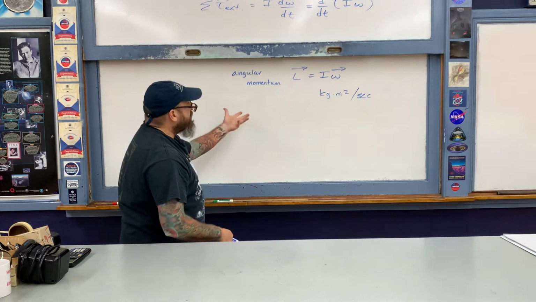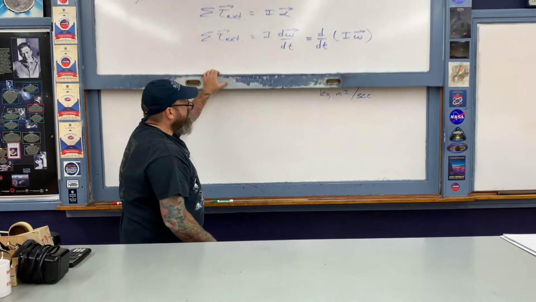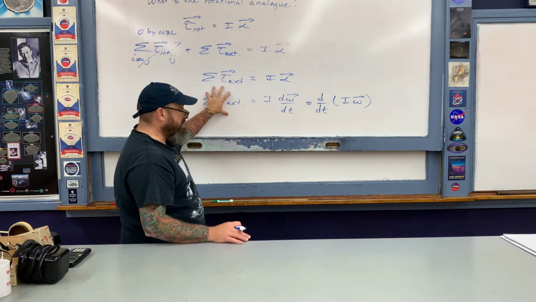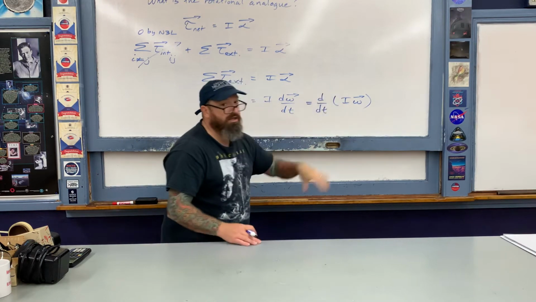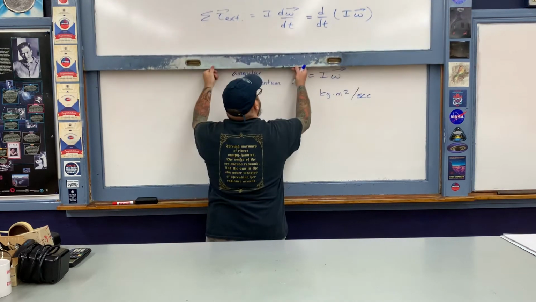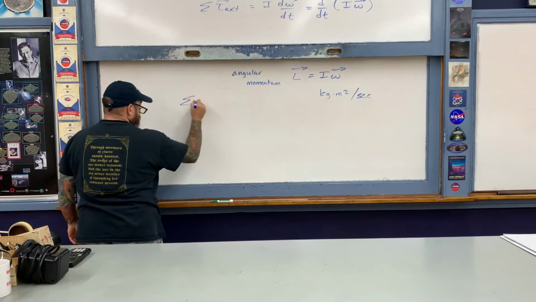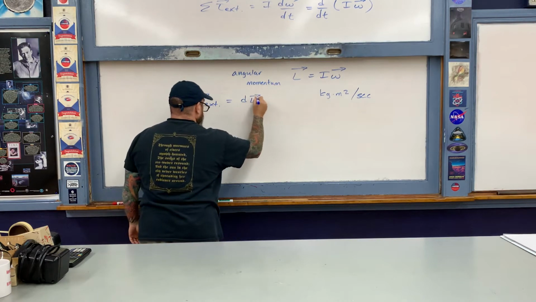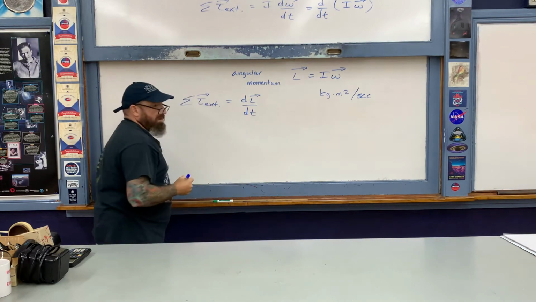Okay, now going back up to the top board for just a moment, what we have here is the following. The sum of the external torques acting on a system results in a change in the angular momentum of the system with respect to time. Like so.